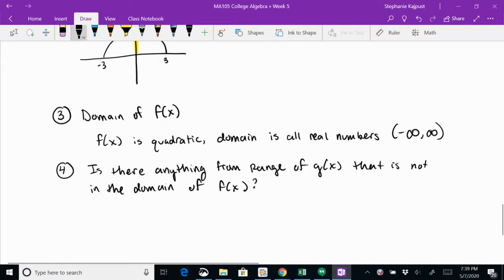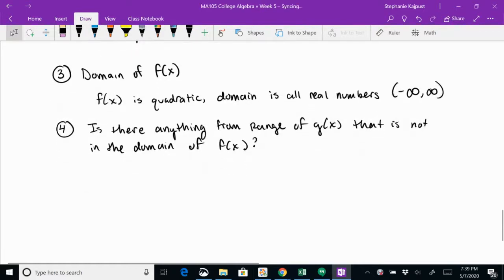So the question is, the output that I got from the first function, do all of those numbers work in the domain of the next one, or are there things that don't work?